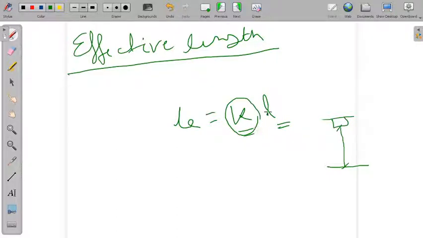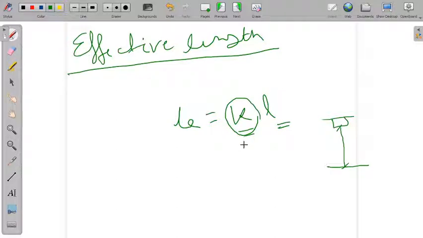Before I go to the support conditions, or we can say the boundary conditions, based on the boundary conditions, the columns are again classified into two classes. One is called braced against sideway, another is called unbraced against sideway.